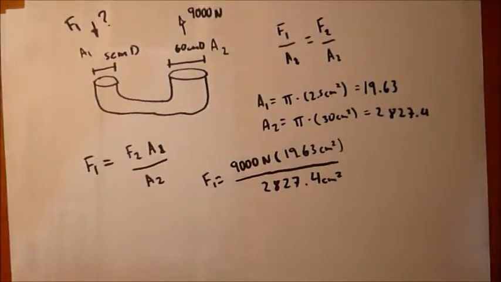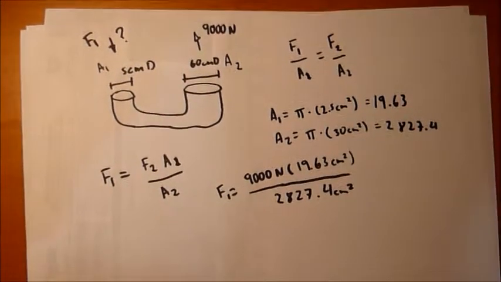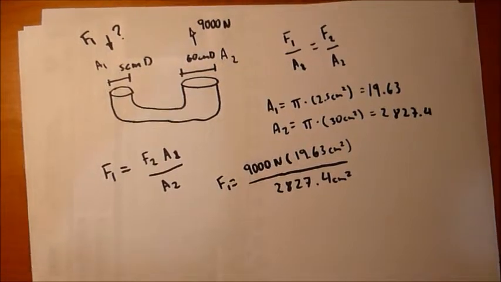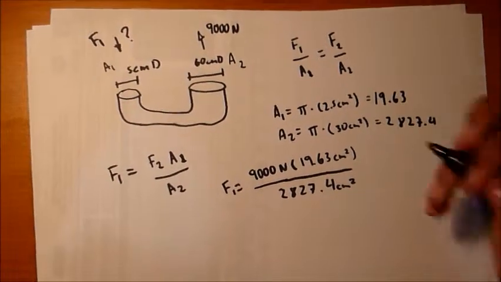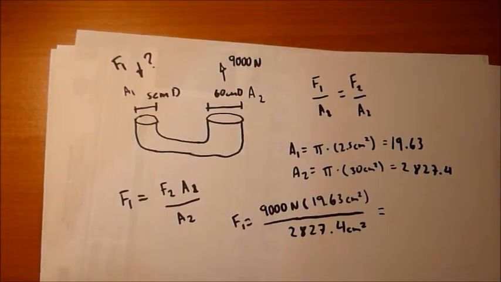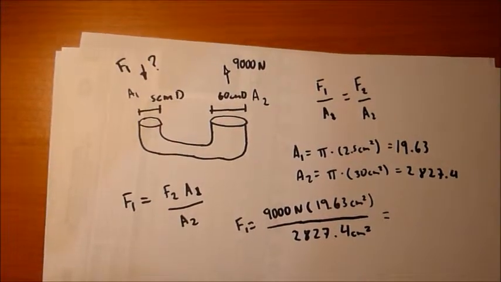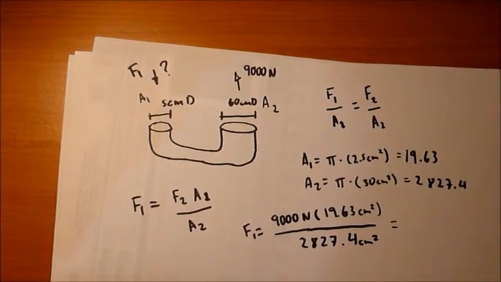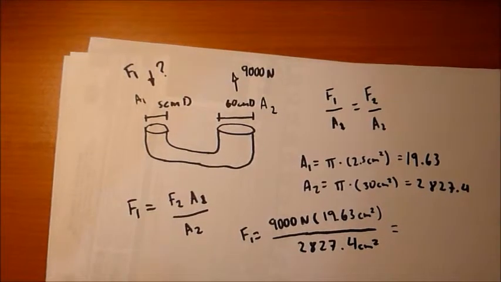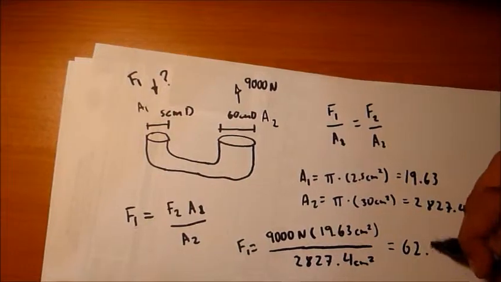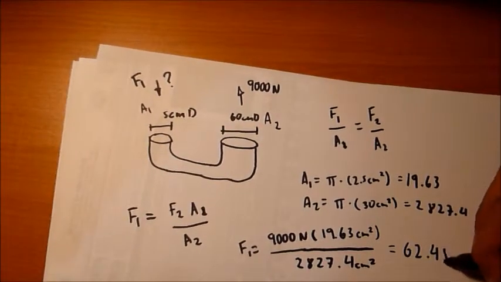As we're going to use both areas in centimeters squared, it doesn't matter if it is in centimeters squared or meters squared. They're going to cancel each other, and we'll have the same resultant force. So 9,000 times 19.63 over 2,827.4 is going to be approximately 62.48.